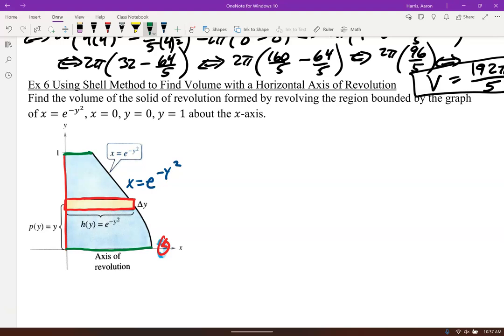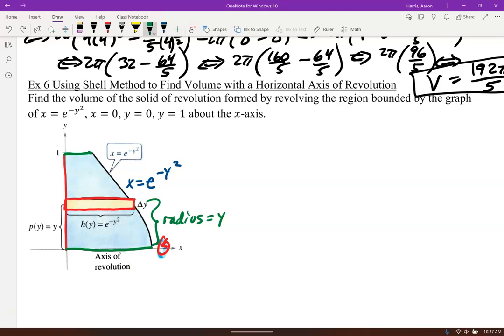And so our shell radius would now be the y. You see that? It's that y height is our radius now, right? Because this is being spun around. So that's the average radius there of that cylindrical shell.